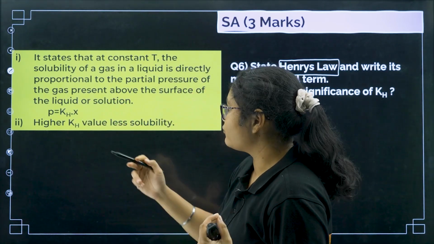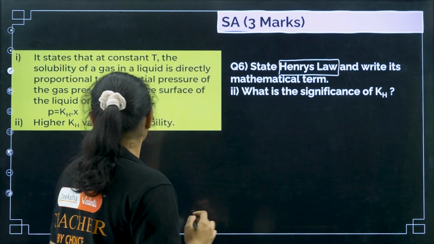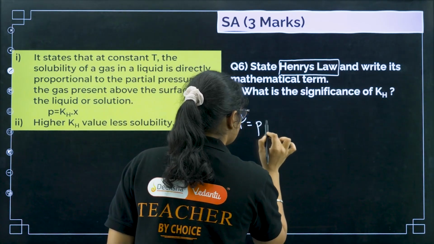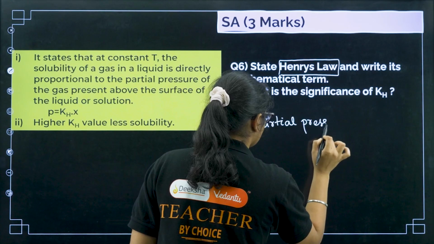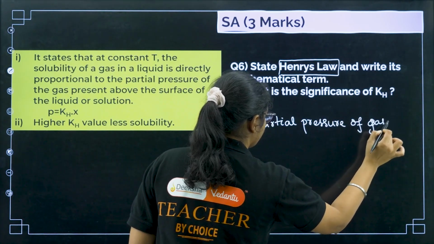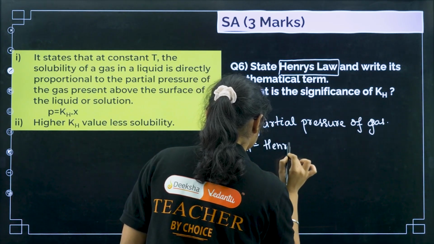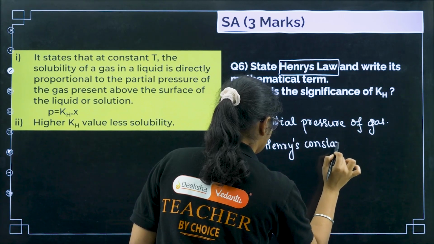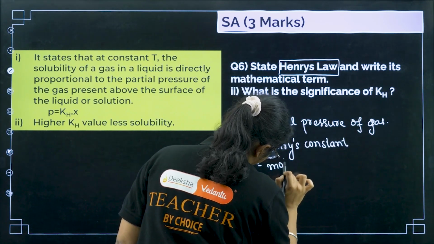Now its mathematical formula is P = Kh × X, where X is what? You have to explain all the terms here. P is the partial pressure of the gas, Kh is Henry's constant, and X is the mole fraction of the gas.